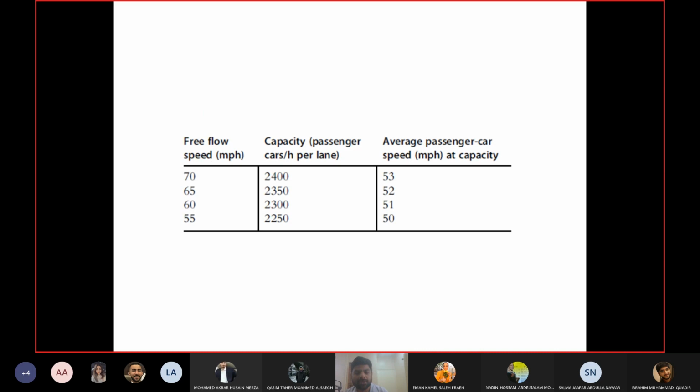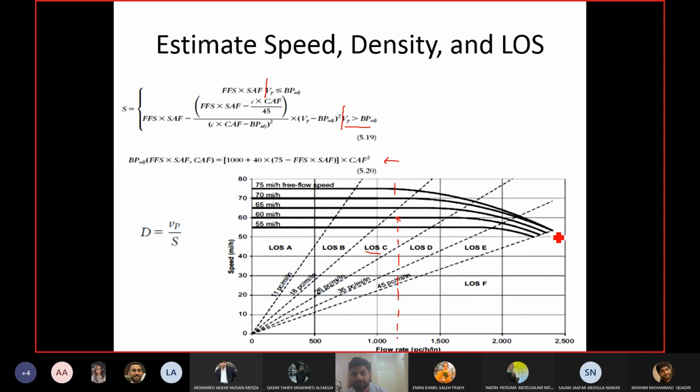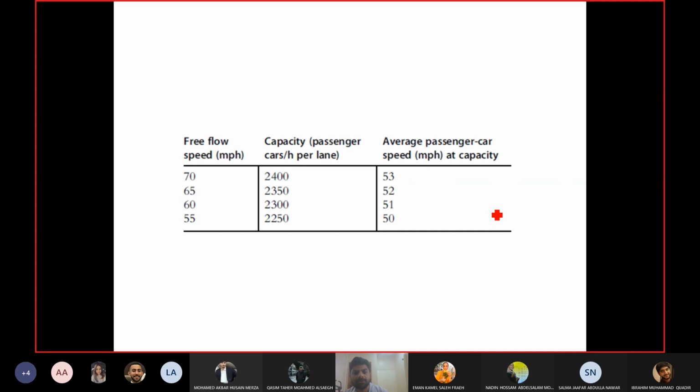Using these curves, they have already given the maximum values. For the curve of 70, the maximum flow rate you can have is 2400, at the end of the curve. So the maximum flow rate for 70 miles per hour free flow speed is 2400 passenger cars per hour per lane, and the average speed at capacity, not the free flow speed, is 53, because at capacity your speed will reduce.